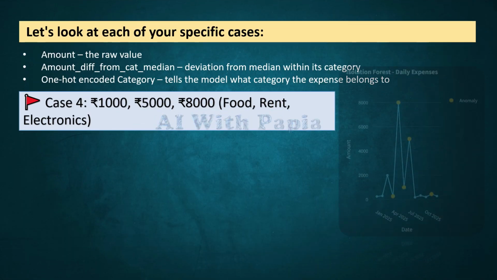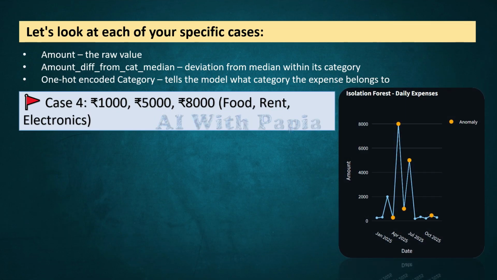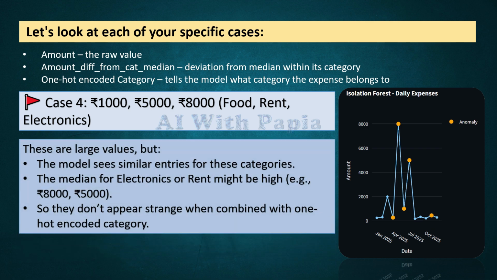Now coming to the fourth case: 1000 for food, 5000 for rent and 8000 for electronics. These three are categorized as anomalies. The model sees similar entries for these categories. The median for electronics or rent might be high, so they don't appear strange when combined with the one hot encoded category.